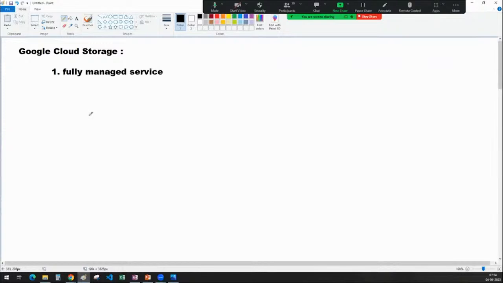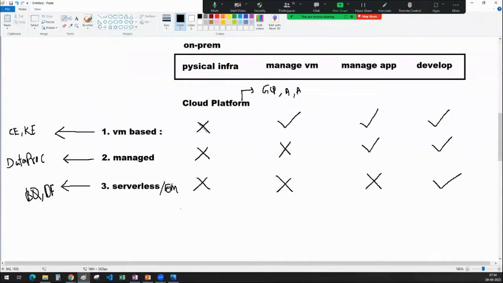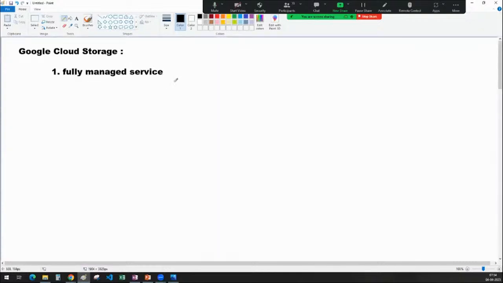What does that mean? When I say a managed service, all the infrastructure, physical infrastructure, as well as the virtual machines will be taken care of by the GCP. What are the rest, guys?